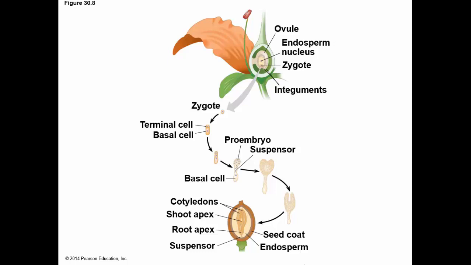When the seed ends up in these favorable conditions, which include nutritious soil and lots of water, then the seed can use the rest of its endosperm to help grow and break out of the seed and continue its development as it gets established in its new environment.